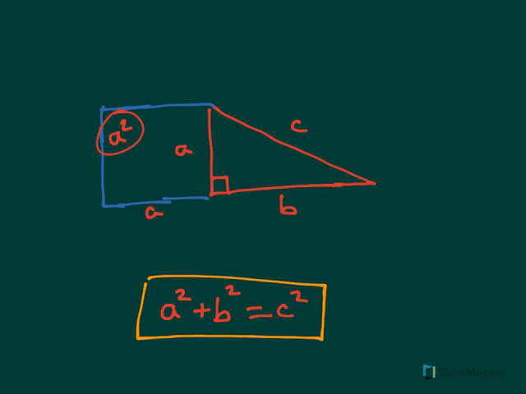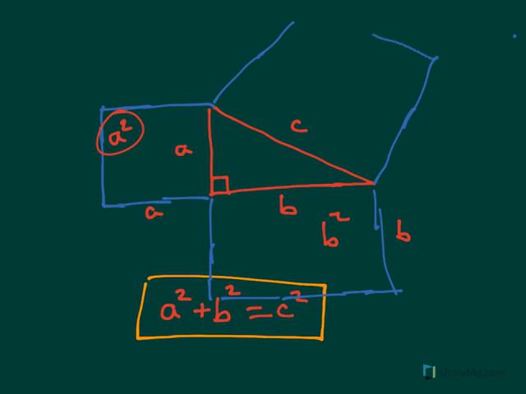And if you built a square off of side B, its dimensions would be B by B, length times width, so that's going to get you an area of B squared. And if you looked at side C, and again built a square off of side C that had dimensions of C by C, length times width, so that's going to be C squared.